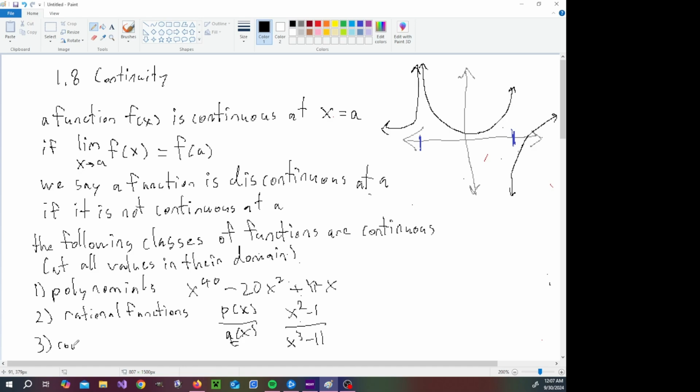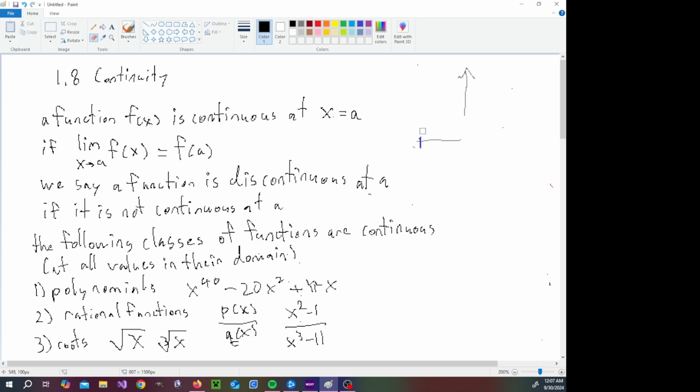Now the next class of functions are roots. So something like a square root or even a cube root. Now these are very different, right? The cube root and a square root. For one, the domains vary greatly.